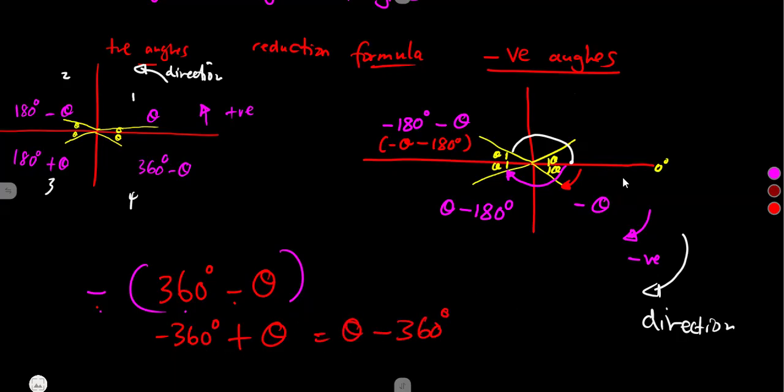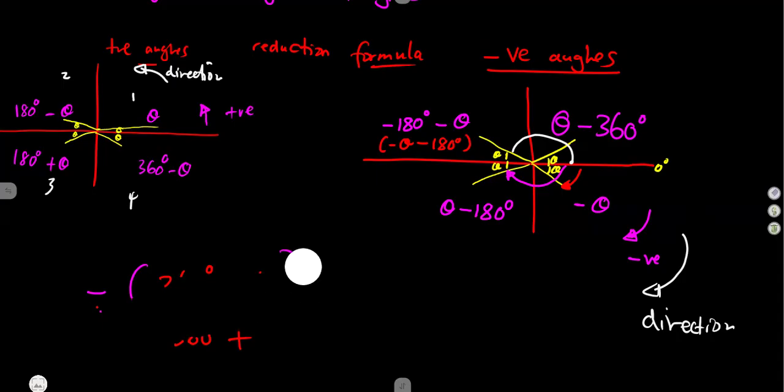So the angle which lies in the first quadrant as a negative angle is called theta minus 360 degrees. That is the concept. The way that you know positive angles, if you know this part of your positive, you're done.